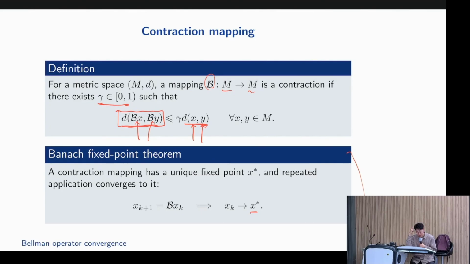So, for example, how would you prove it converges to a unique stationary point? Suppose there is another optimum point. Proof by contradiction is easiest. So assume there's another optimum point. But by the property of contraction mapping, if you repeatedly apply it, the distance between them must shrink. So you have a contradiction.